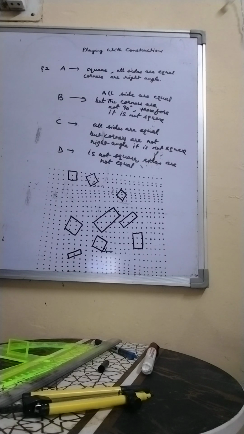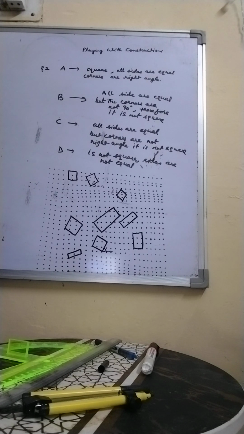I hope that what we learned yesterday, you went through it and saw how different rectangles and squares are made. Now, there was a question, question number 3 of Figure it Out.